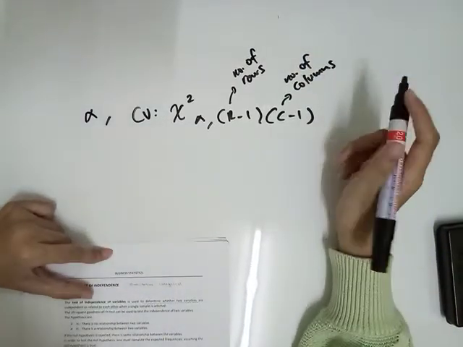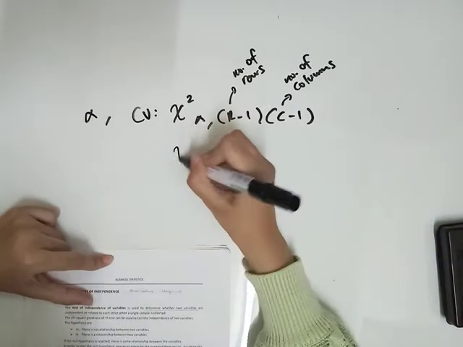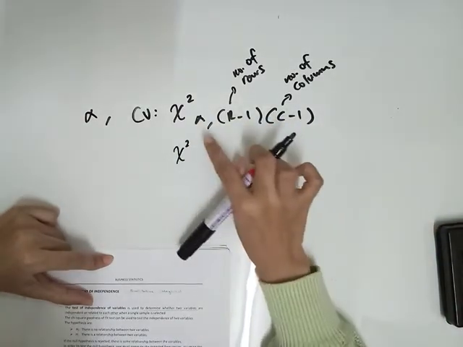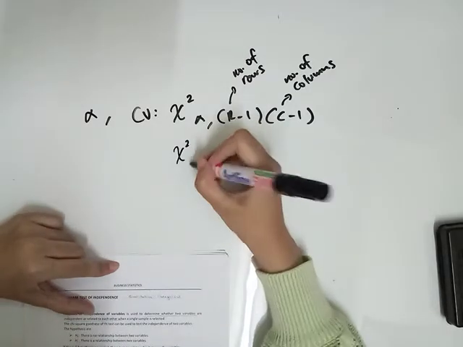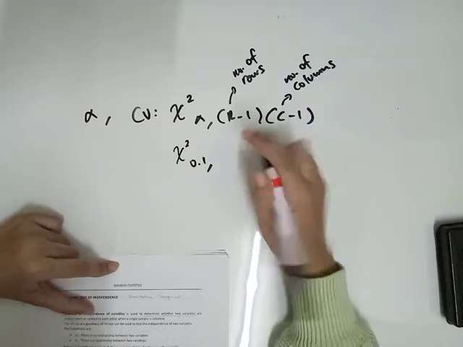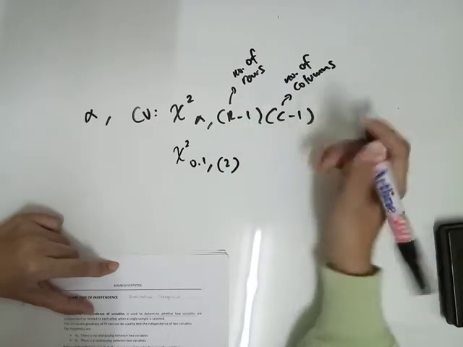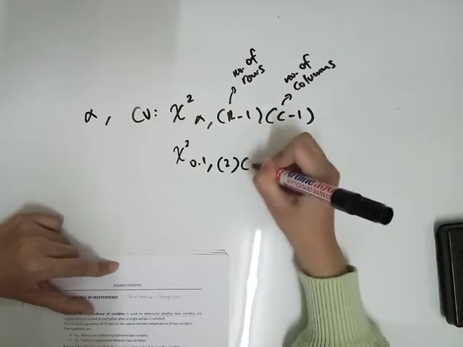For example, if we have 3 rows and 3 columns, and the alpha given is 0.1, let's say. We have 3 rows, so 3 minus 1 we get 2. And we have 3 columns, so 3 minus 1 we get 2.